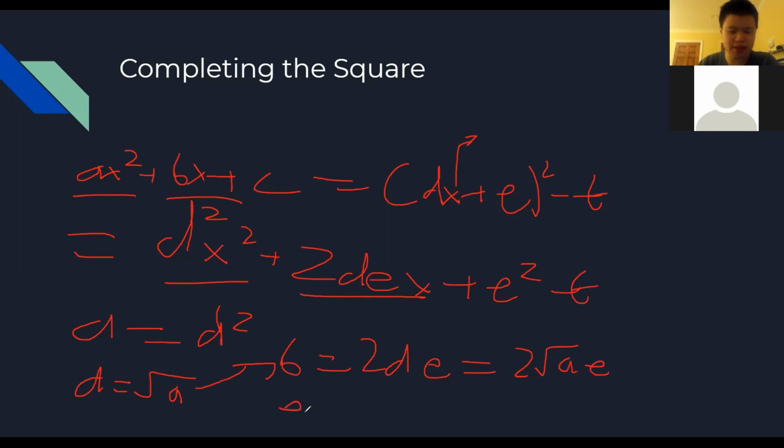So e equals b over 2 square root a, which if you rationalize the denominator, something we'll cover later, you'll have this.